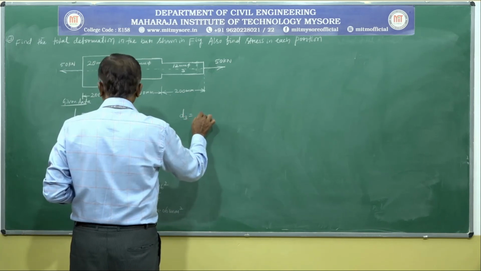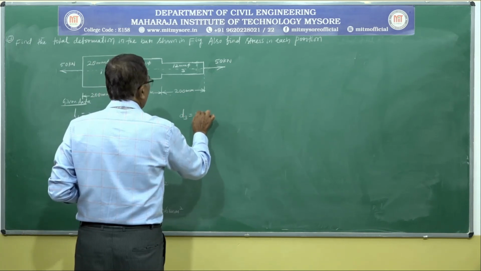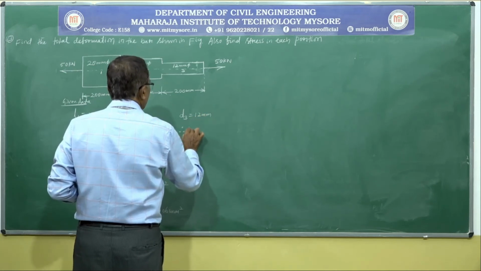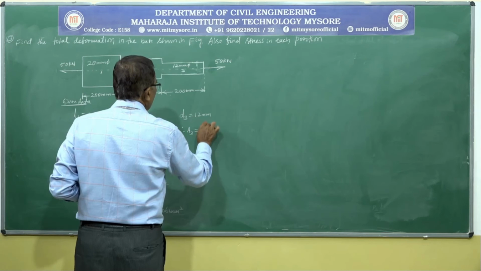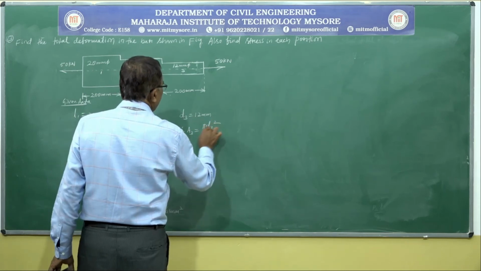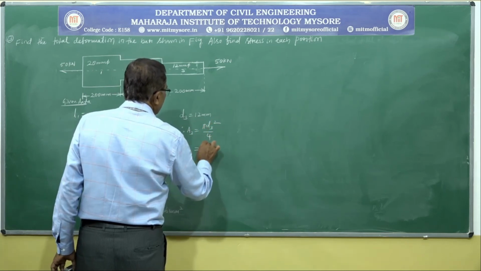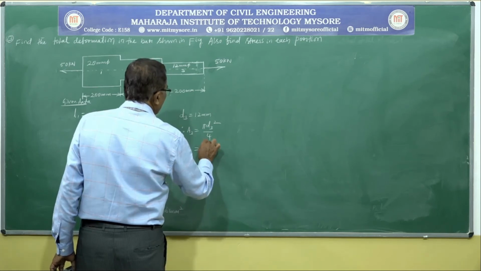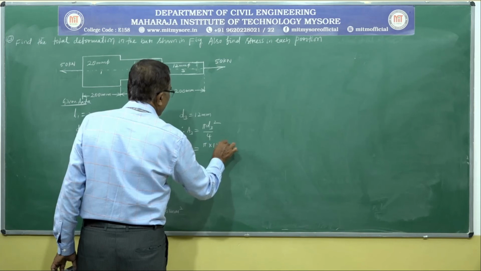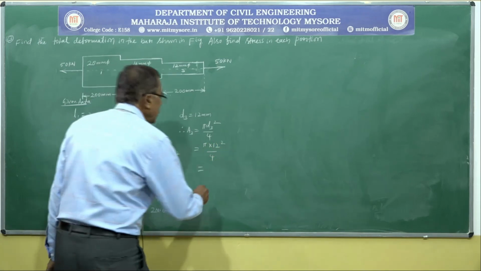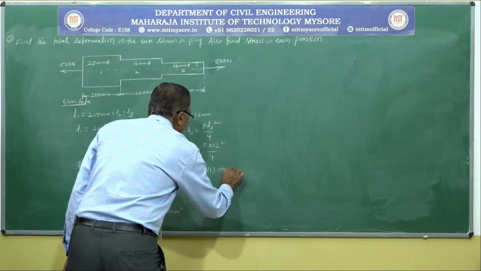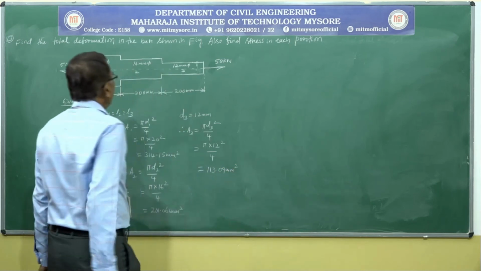D3 is equal to 12 millimeter, therefore A3 is equal to pi D3 square divided by 4, that is pi into 12 square divided by 4. Solving, we get A3 as 113.09 millimeter square.